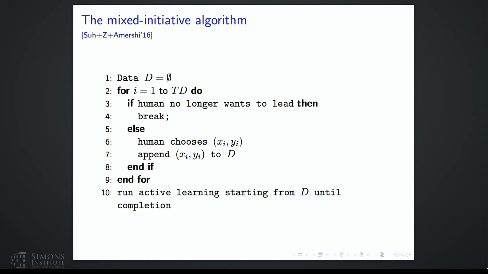This is meant to allow a really ideal human teacher, who happens to know how to teach with just teaching dimension items, to do so. And the teacher can just break out of this at any time. After that, the computer takes control back and forces active learning on the teacher until completion. So: allow teaching dimension number of iterations where the human can propose an item and label, then run active learning if the hypothesis space hasn't been uniquely identified to a single hypothesis.